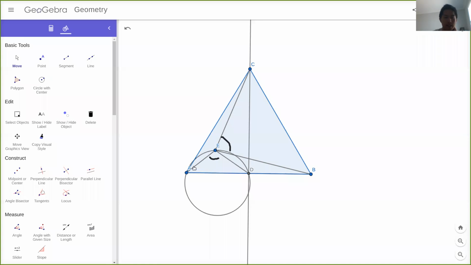We know that angle AED is the same as the angle A-something-D for any point something on this part of the circle. And it's also equal to 180 minus A-something-D for any something on the other part of the circle.